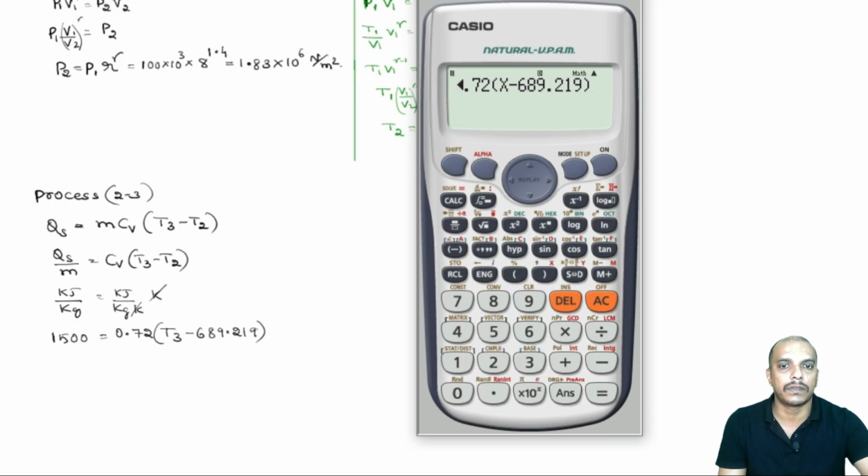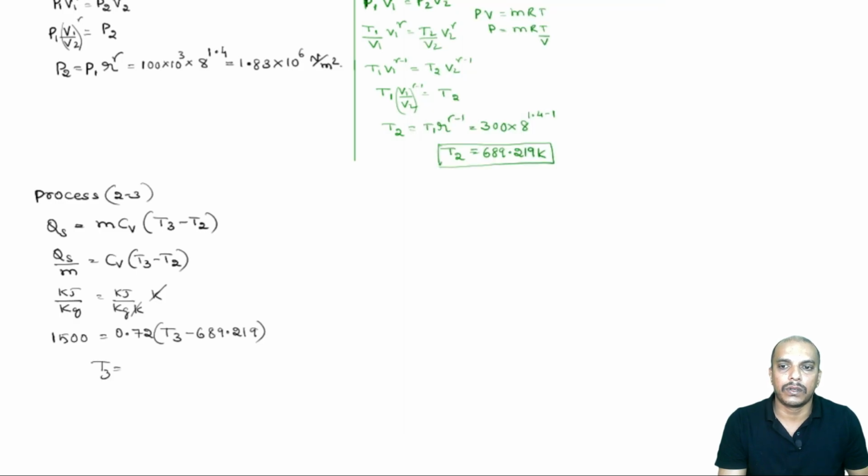So, we shift solve for x is equal to 0, 2772.55 Kelvin. So, temperature is found out.